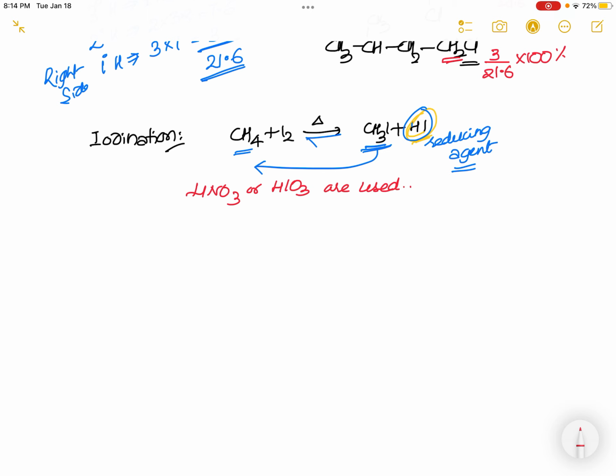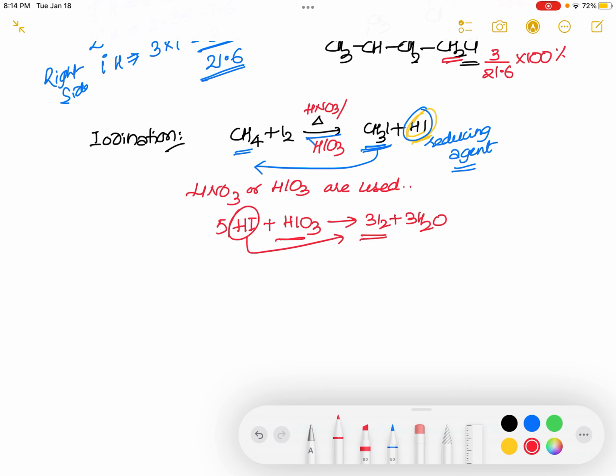What actually happens is, whatever HI is formed, that HI reacts with HIO3 to form 3I2 plus 3H2O. So all the HI is converted back into I2 because of the oxidation reaction. That oxidizing agent is HNO3 or HIO3, used for this purpose. So it is mandatory, and I am writing here HNO3 or HIO3. Then this reaction can be carried out comfortably.